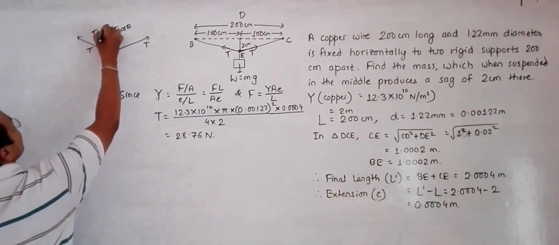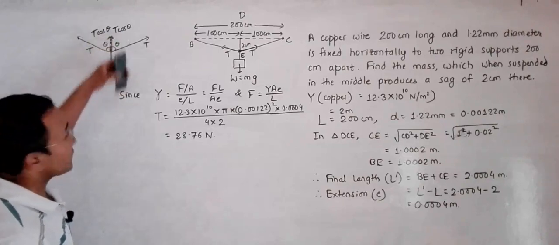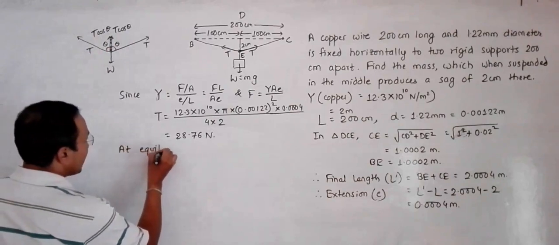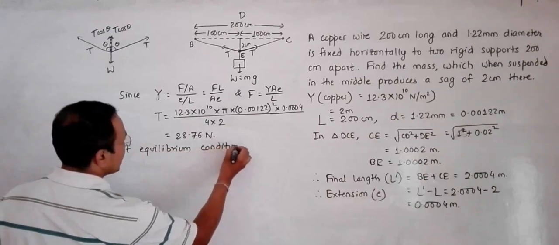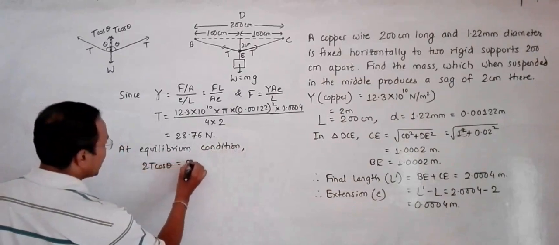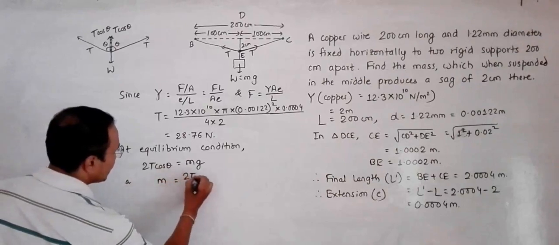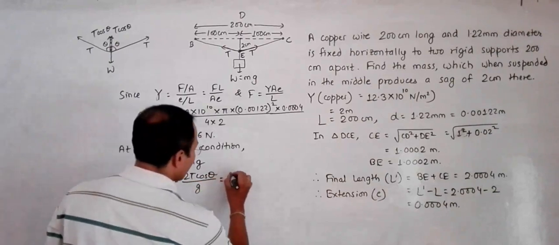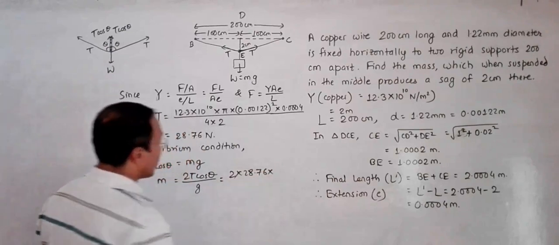So the total upward force is 2T cos theta. At equilibrium we will have 2T cos theta equal to mg, which gives m equal to 2T cos theta by g, so 2 into T, which is 28.76, into cos theta.